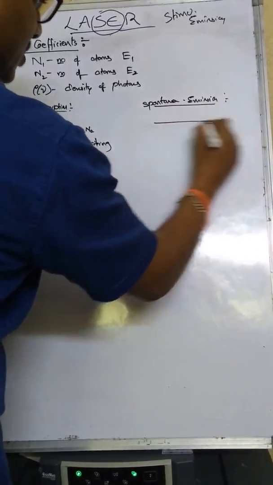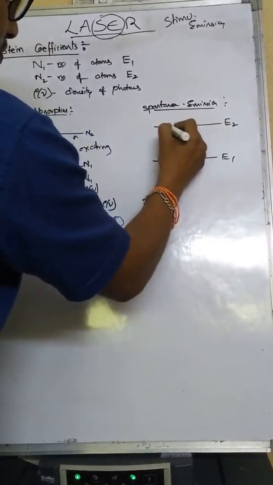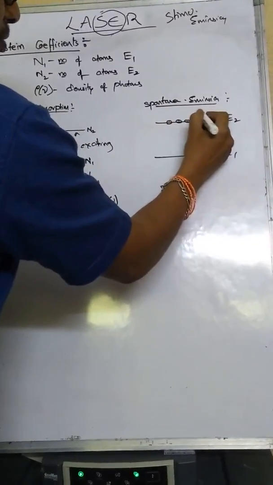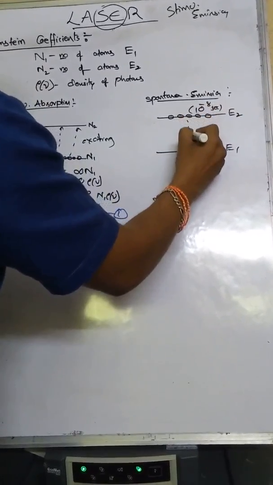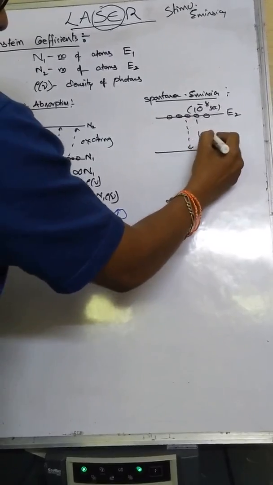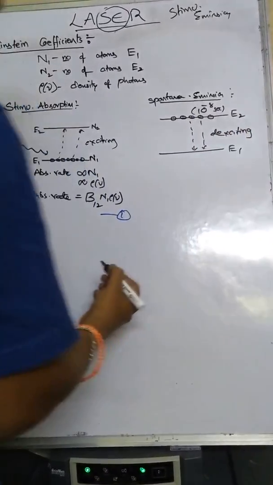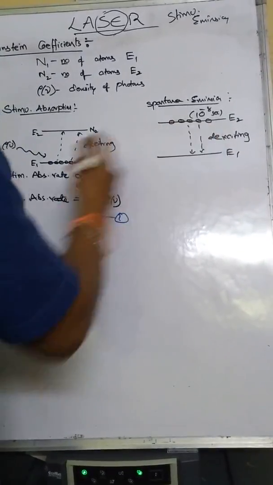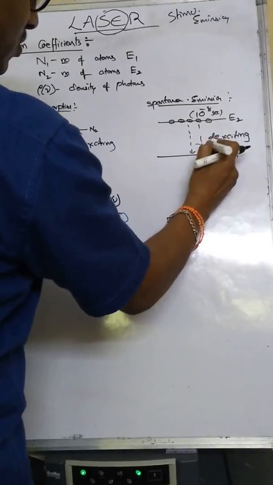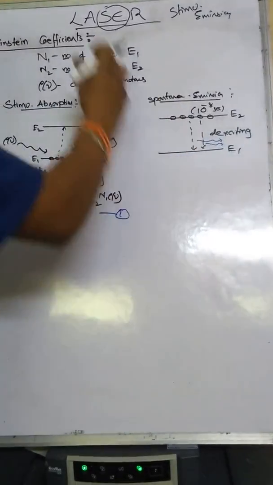For spontaneous emission, we used a diagram with E1 and E2, where atoms reside for about 10 power minus 8 seconds, and then there will be de-exciting. De-exciting is the process of getting down to the ground energy level by emitting photons. This is not the process required for laser action.